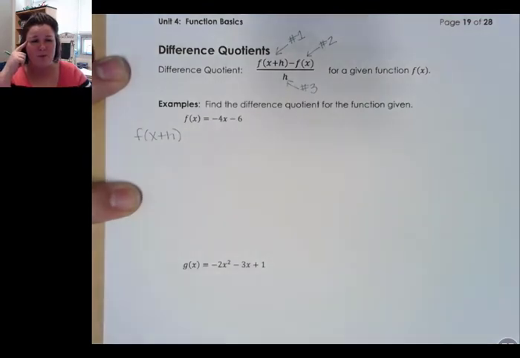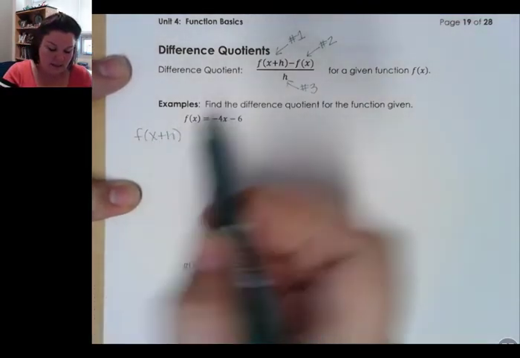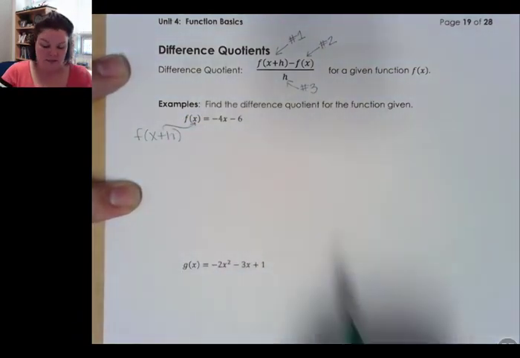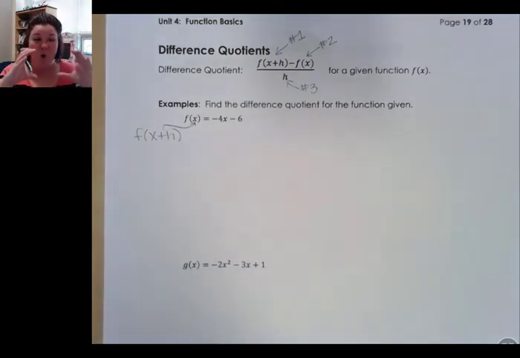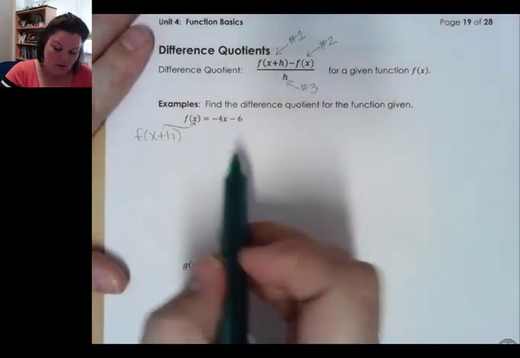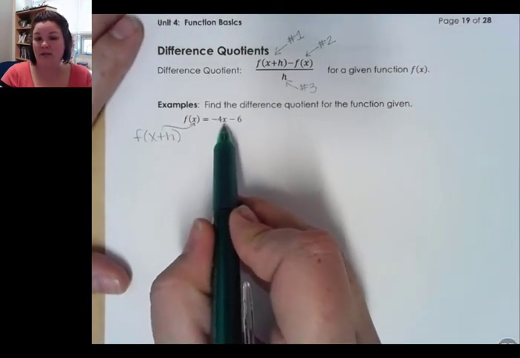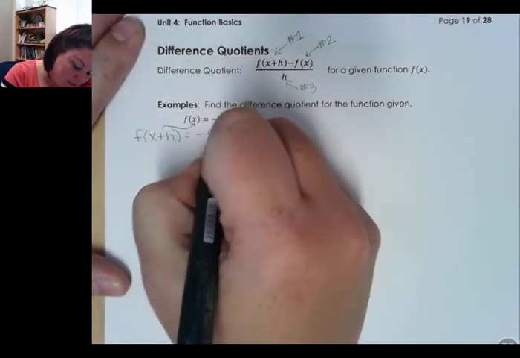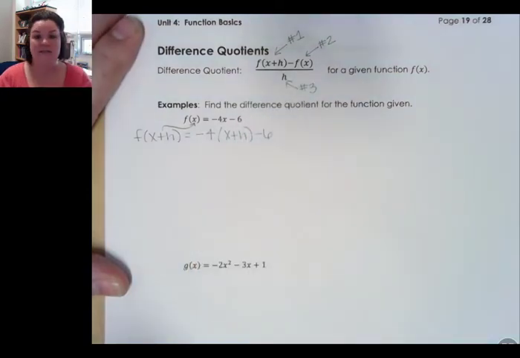Remember, when we're doing functions, whatever is inside these parentheses is what gets plugged in for x. Since I have a quantity inside the parentheses, that whole quantity gets plugged in for x. This function says to do negative 4 times my input and subtract 6. So I'm going to do negative 4 times that quantity input and subtract 6.